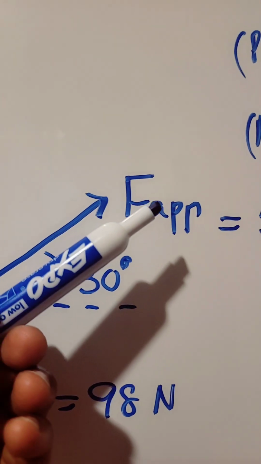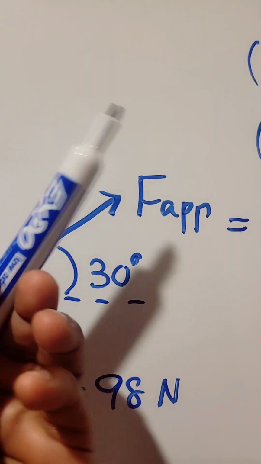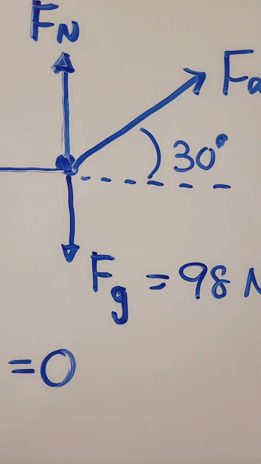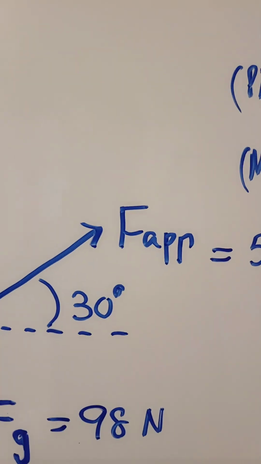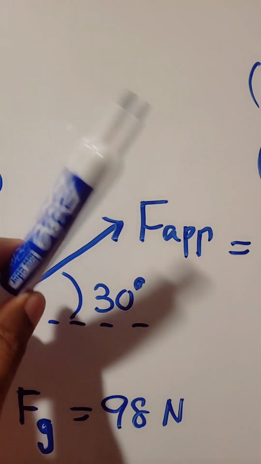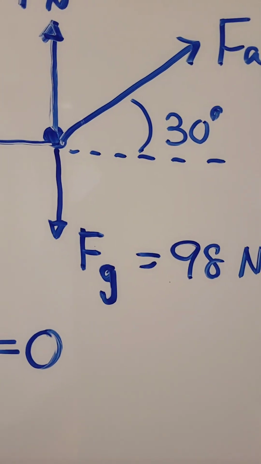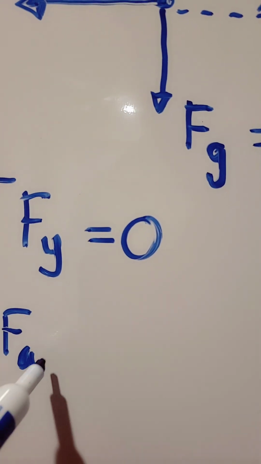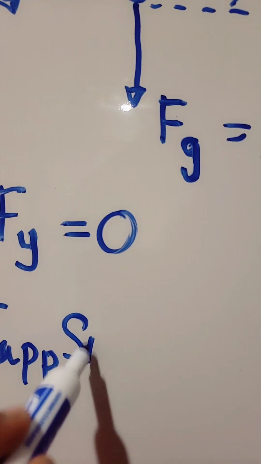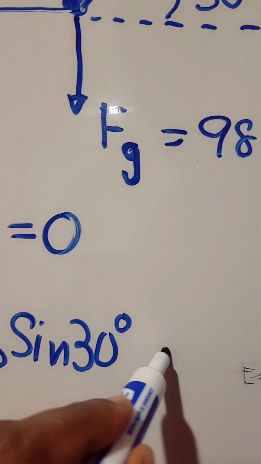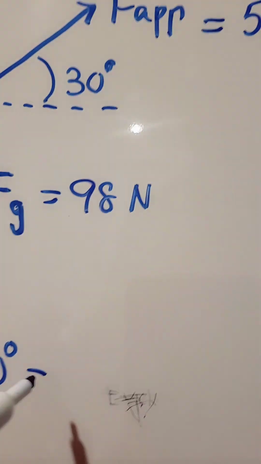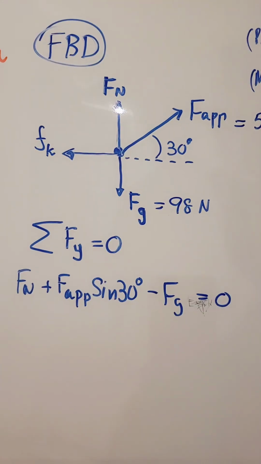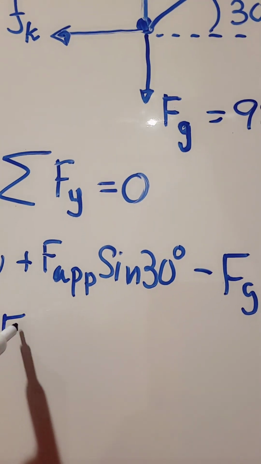And then look, there's a component of the applied force in the upward direction. And what's that component? That's the sine component, guys. So I have f of n plus f applied sine 30 minus fg, right? Because fg is pointing downward, that's equal to 0. Okay, and then I can solve for f of n.